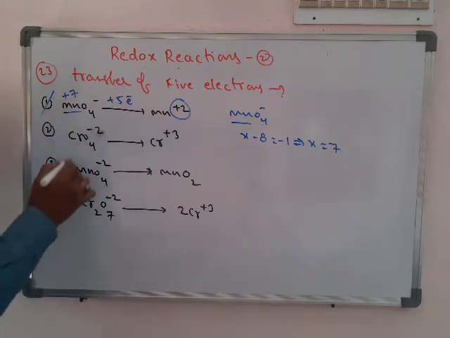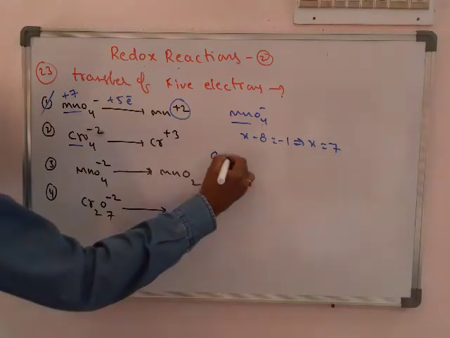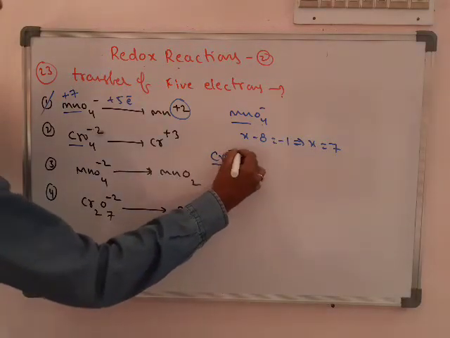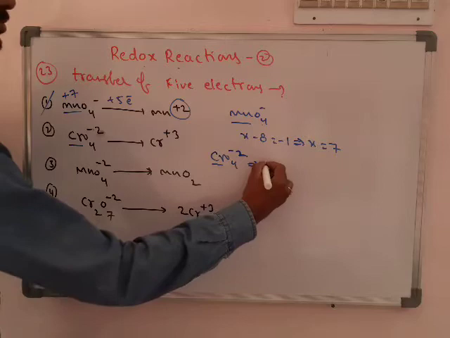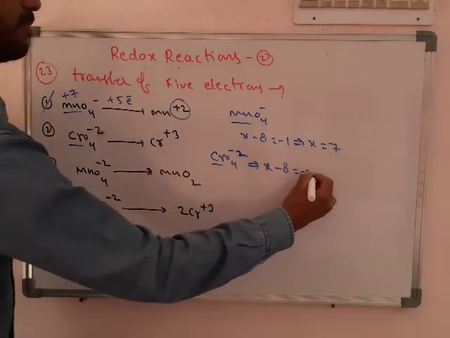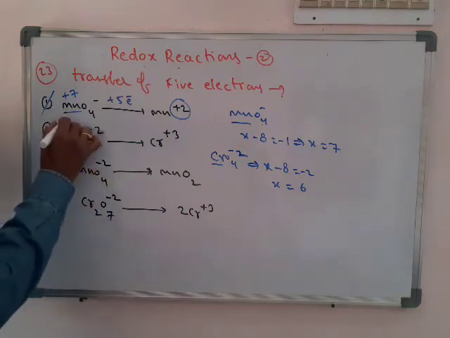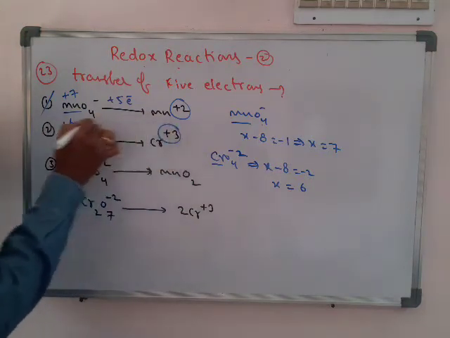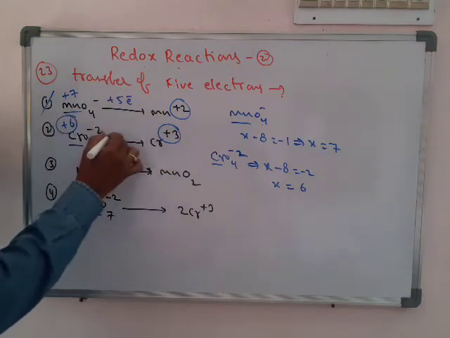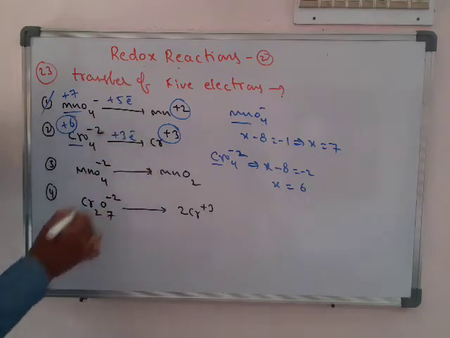We check the others also. What is the chromium oxidation number in CrO4 minus 2? X minus 8 equals minus 2, so x equals plus 6. Chromium plus 6 becoming plus 3 means gaining of 3 electrons.